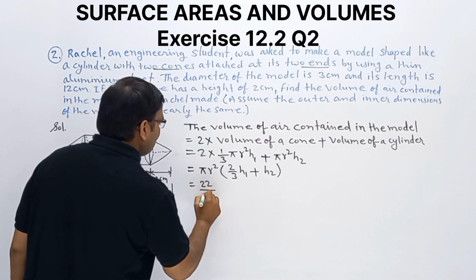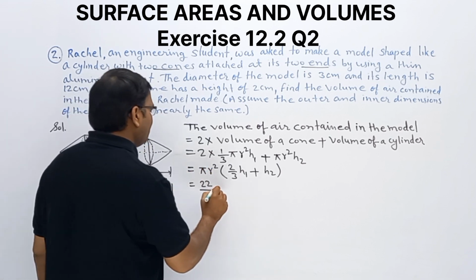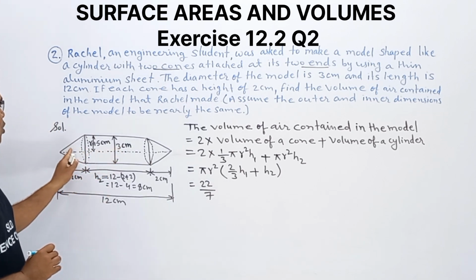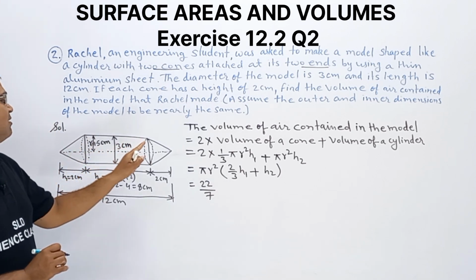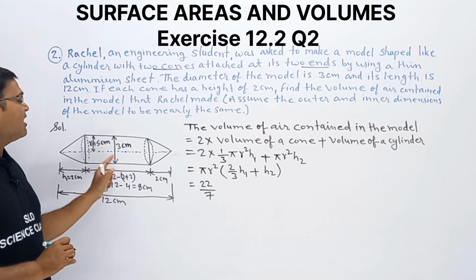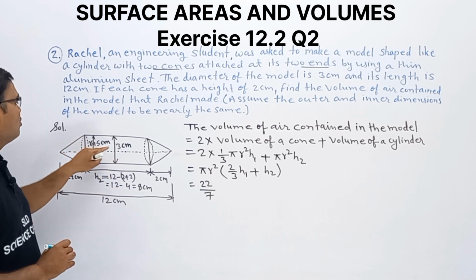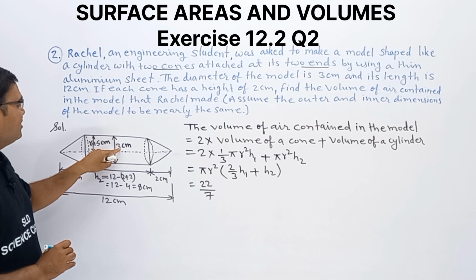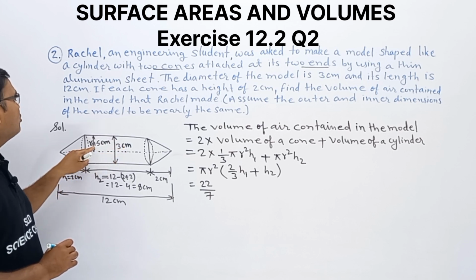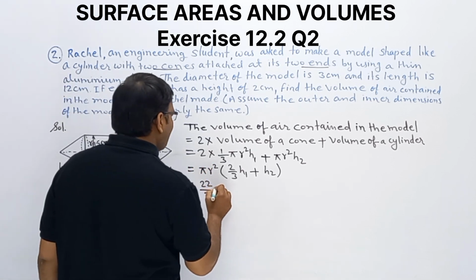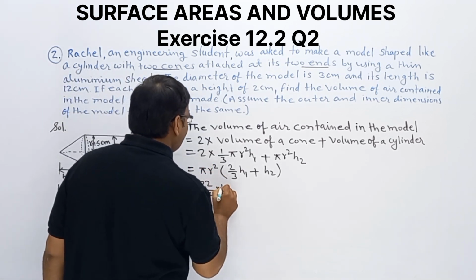Pi is 22/7. R is the radius, and it is half of the diameter. Cone and cylinder both have the same radius. The diameter in the question is 3 centimeter, so half value 3/2 is 1.5 centimeter, the radius.